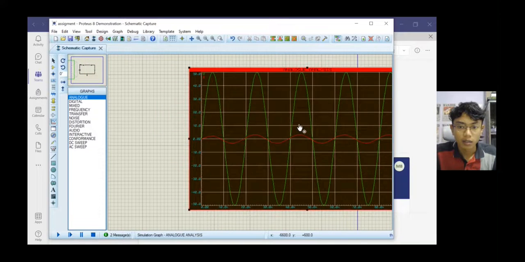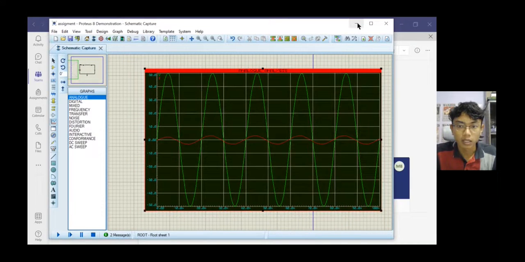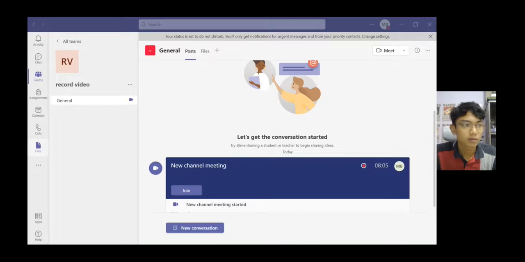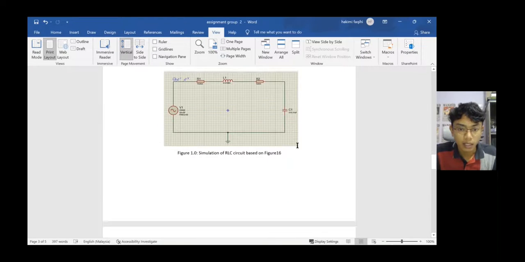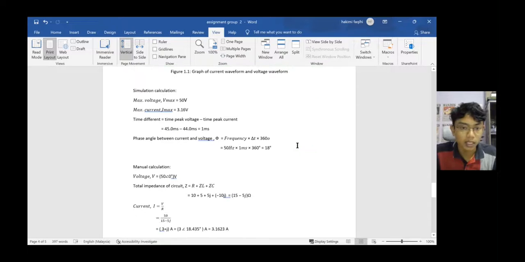So we go to the calculation. So go to calculation, and still like this. So for the voltage, Vmax is 50 volt, and for the current, Imax is 3.16.